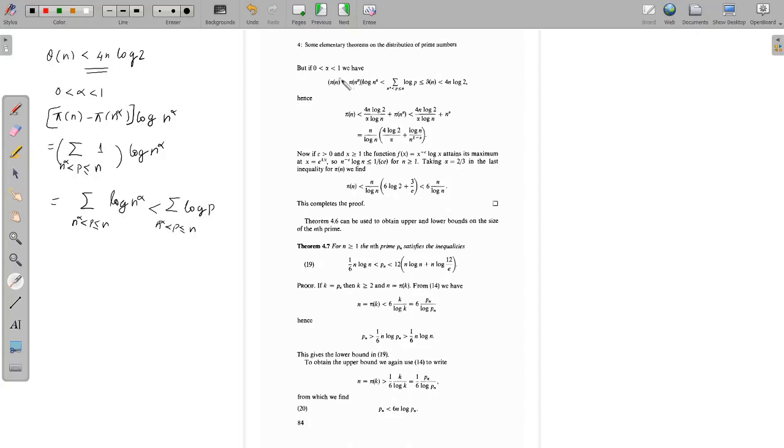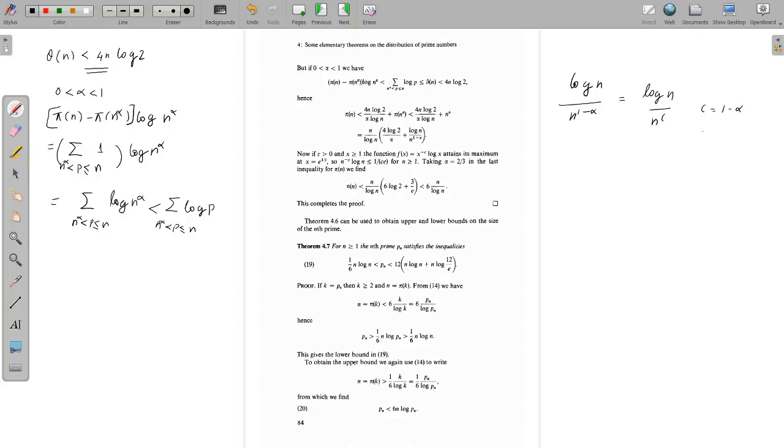Then set alpha equal to 2 by 3. This is true for every alpha, so in particular it is true for alpha equal to 2 by 3. Then this expression will be 4 log 2 by 2 by 3, plus log n by n to the power 1 minus 2 by 3, that is n to the power 1 by 3. We consider the term log n by n to the power 1 minus alpha and compare it with log n by n to the power c, where c is equal to 1 minus alpha.